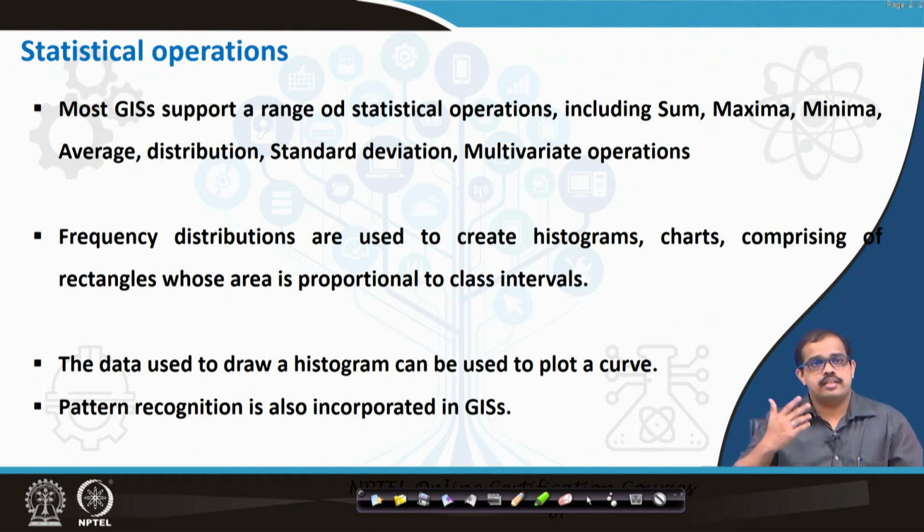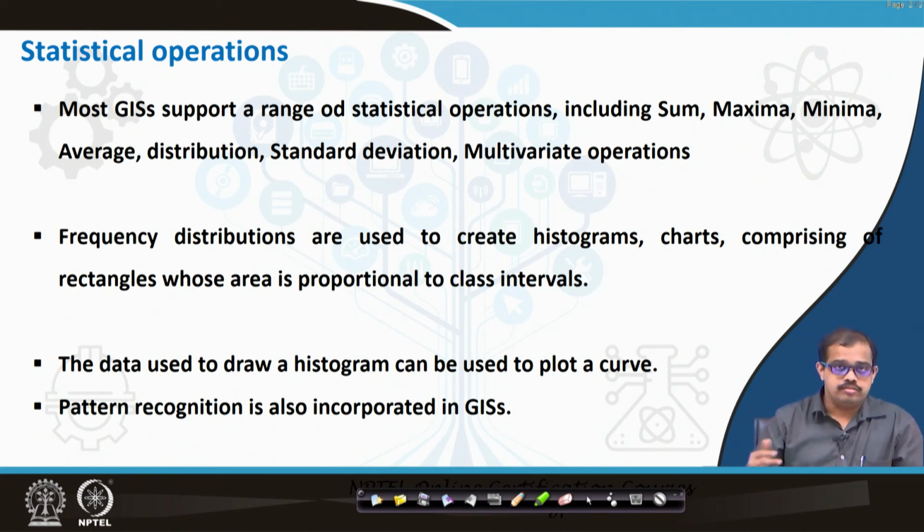When you are looking at spatial data, frequency distributions are one of the very important aspects. You can create histograms, charts comprising rectangles whose area is proportional to the class intervals if you are looking at class data or range data, and the data used to draw a histogram can even be plotted into a curve. What I am trying to say is that whether you are using statistical operations or putting it in the form of an image, any kind of analysis can be done using GIS software.